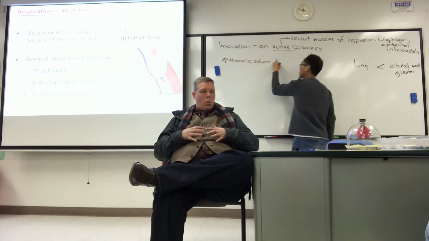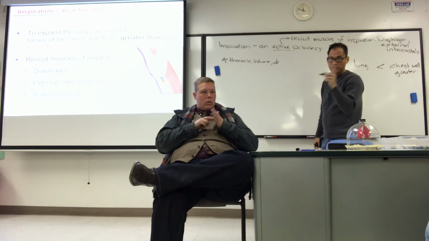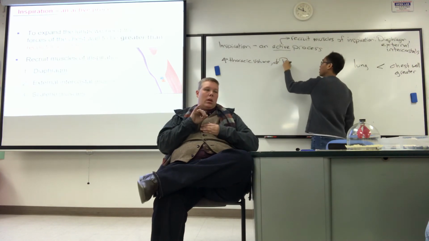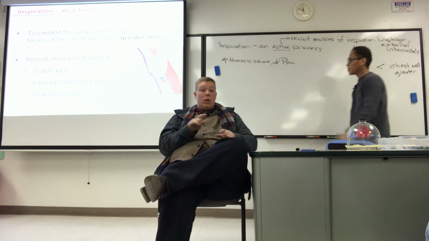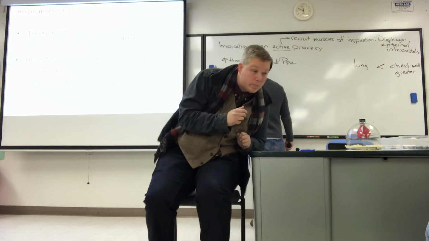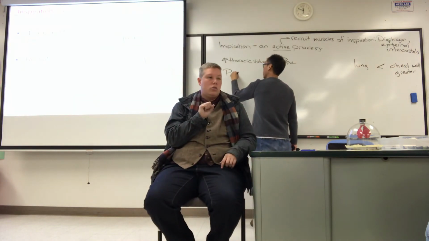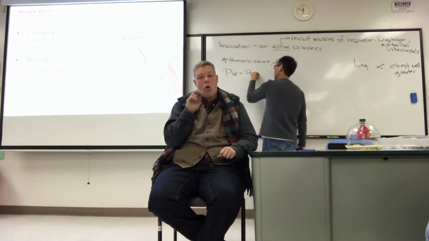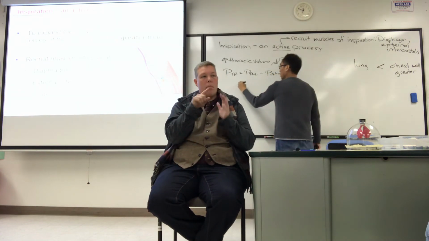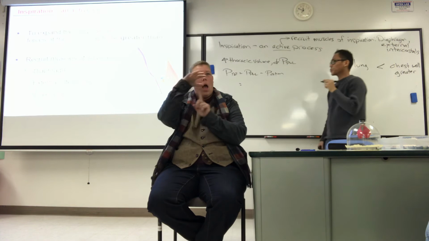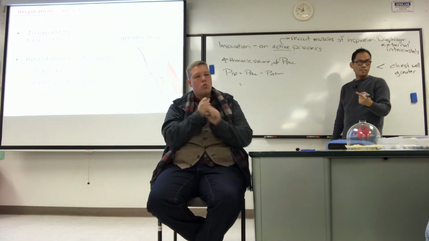Therefore, decrease intrapulmonary pressure, the PPUL. It kind of happens simultaneously. So if you calculate our transmural pressure, PTR equals PPUL minus pressure of the atmosphere, you create a negative pressure of about -1 millimeter of mercury.